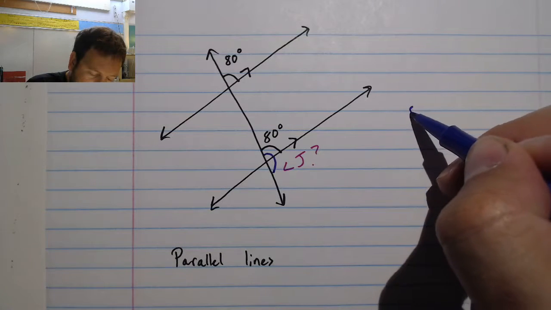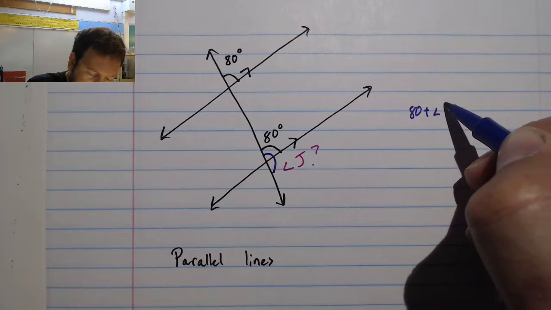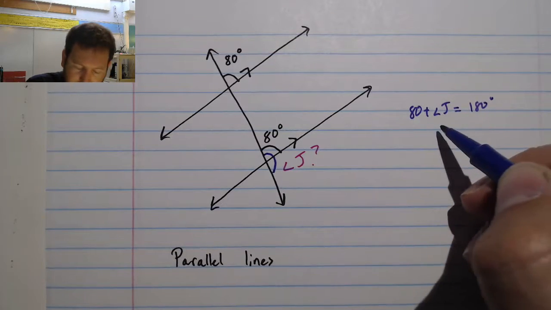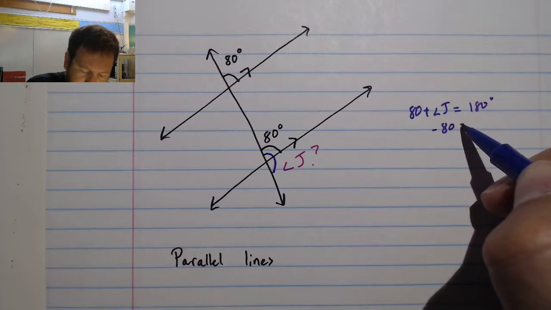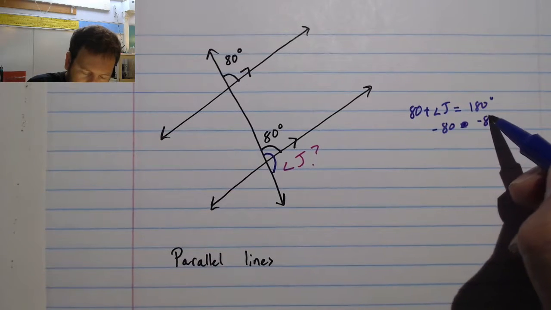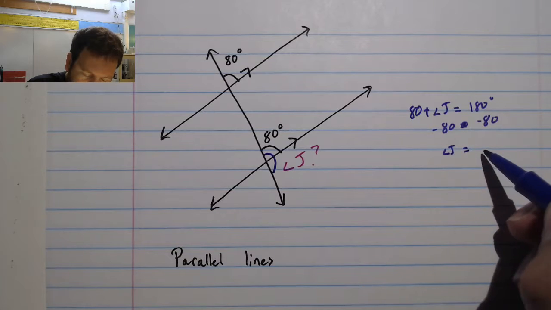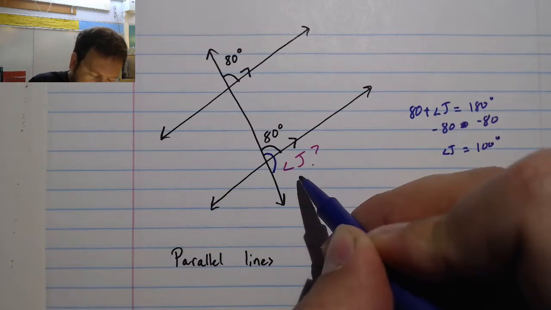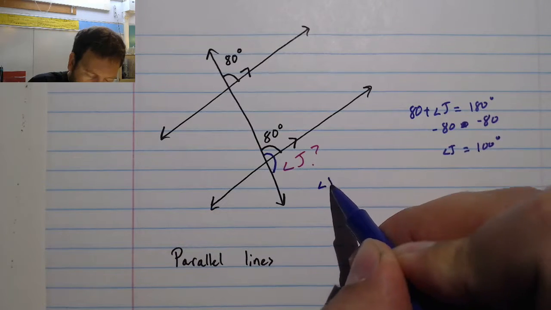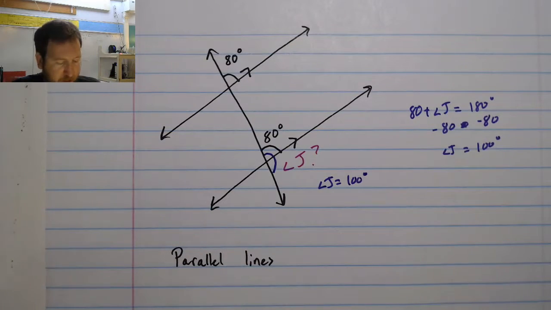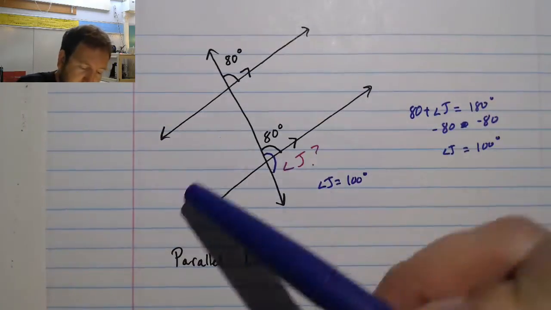So I can say 80 plus angle J equals 180 degrees. A little bit of algebra, and I can say angle J equals 100 degrees. And I can use that by taking a look at all of the little things that I'm using. Now remember that these parallel lines are true.